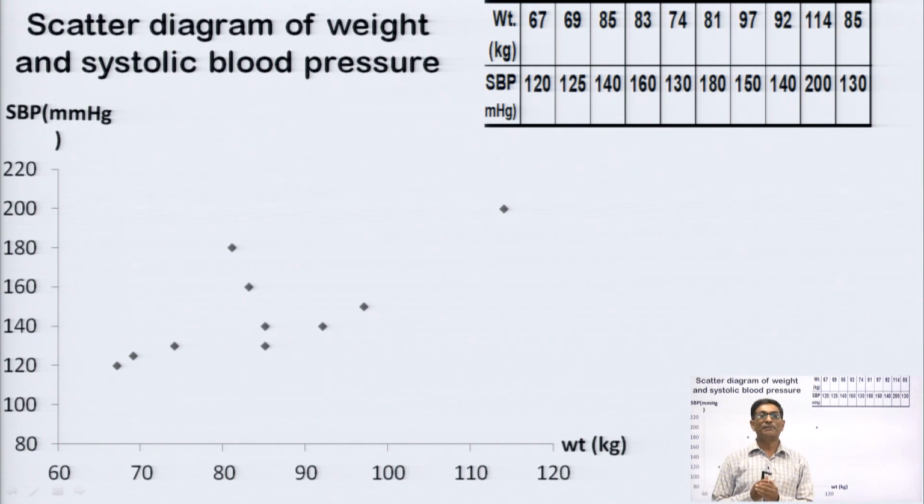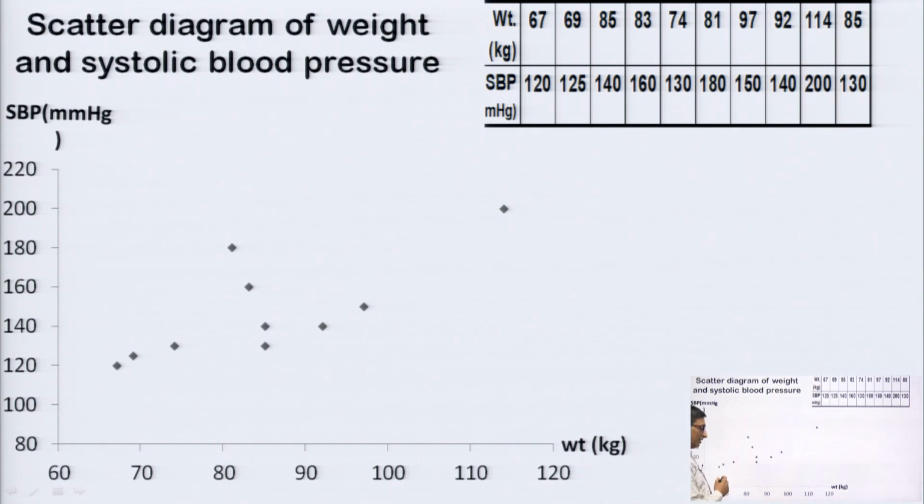So, remember, first of all, to draw the scatter diagram between two variables, we should know which variable is independent and which is dependent. The independent variable will be on the x axis and the dependent variable comes on the y axis. Okay. So, now we draw the scatter diagram for this. For example, the first value of weight is 67 and systolic blood pressure is 120.